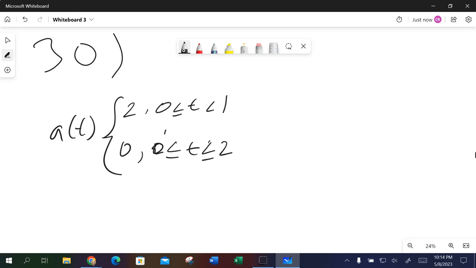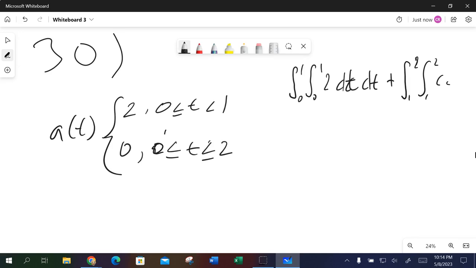So what we're going to have to compute here is what we call a double integral, and we're going to do it in two ways. First, the double integral from 0 to 1 of 2 dt, plus from 1 to 2 of c dt.